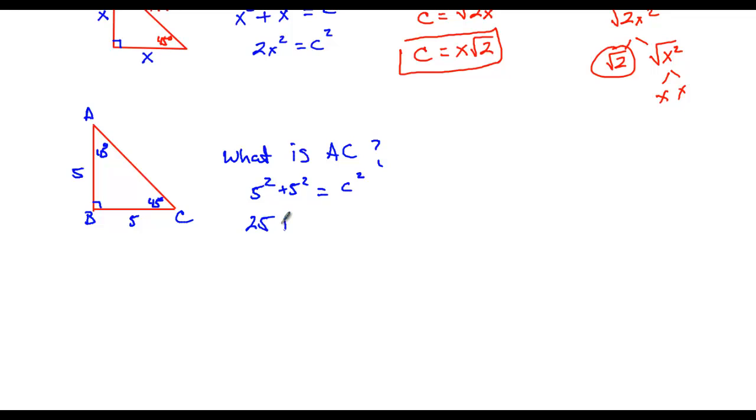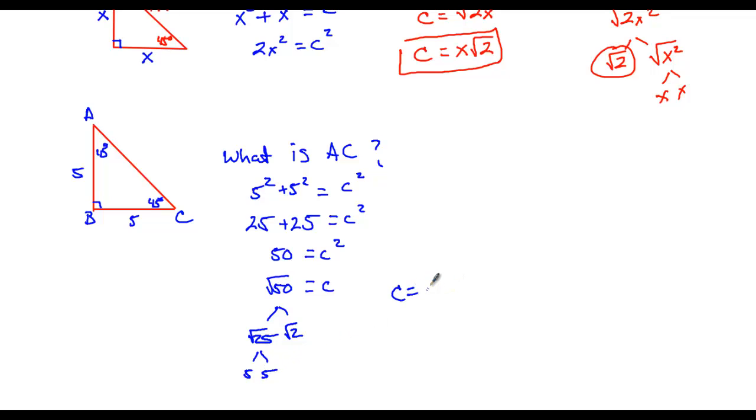So 25 plus 25 equals c squared, 50 equals c squared, and then you'd take the square root of both sides, so the square root of 50 equals c. You can break that apart into the square root of 25 times the square root of 2. The square root of 25 is 5, so c equals 5 times the square root of 2.